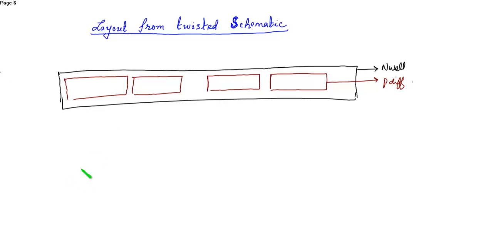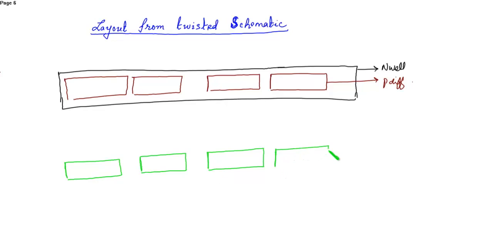First make the layout in your rough note so as to understand why this gap is given. So now this is the N diffusion layer. And diffusion layer.